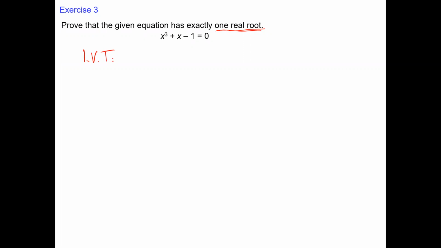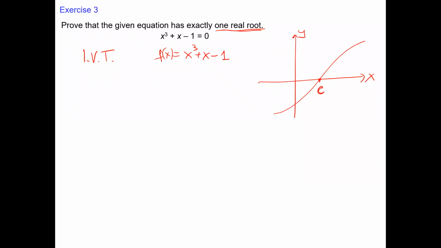Intermediate value theorem. What this theorem was telling us: if I consider this as a function, x cubed plus x minus 1, and we want this function to be 0, that means we want this function to intersect the x-axis. So we can pick an interval, and we may have lots of different solutions, but let's pick from 0 to 1.